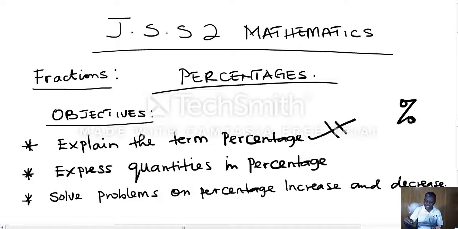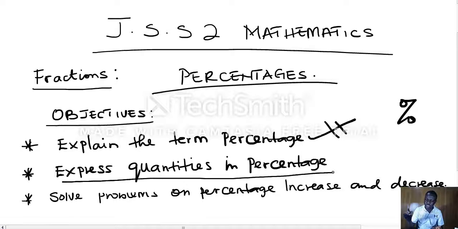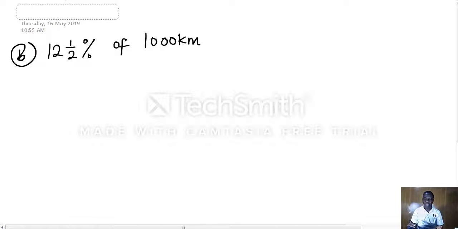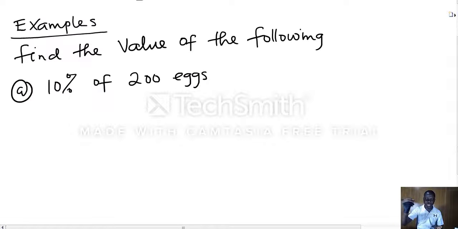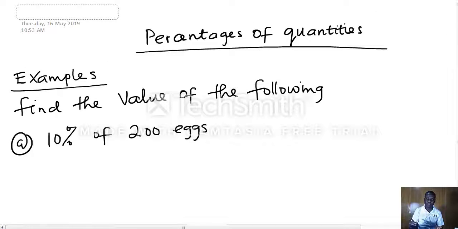Today we are going to take the second objective, which says express quantities in percentage. Our first example says we should find the value of the following: 10% of 200x.